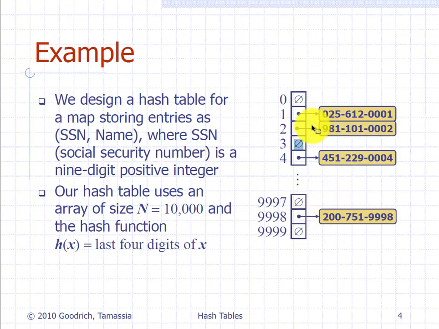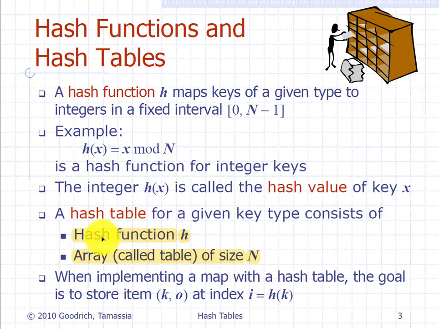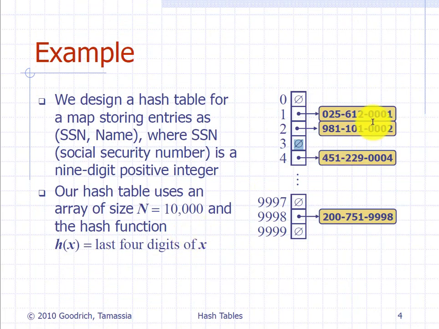When I say position in this case, I'm referring not to the pointer, I'm referring to an integer value which indicates the index of the value. Okay, so this is an example. Here our choice for our hash function was to look at the last 4 digits. That's what our hash function returned.